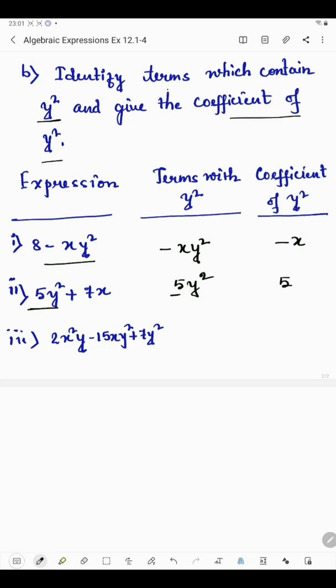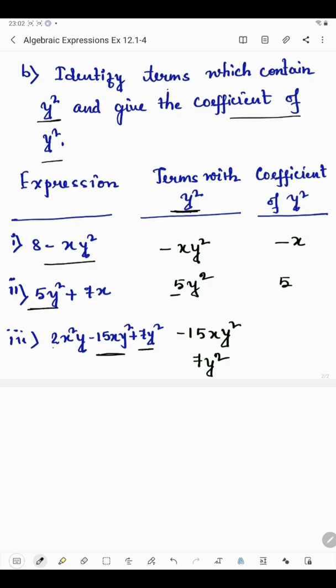Now in the last part we have 2x square y minus 15xy square plus 7y square. The terms with y square are minus 15xy square and 7y square. We won't be taking 2x square y, because here we have x square y, only 1y is present, and we need the term which contains y square.